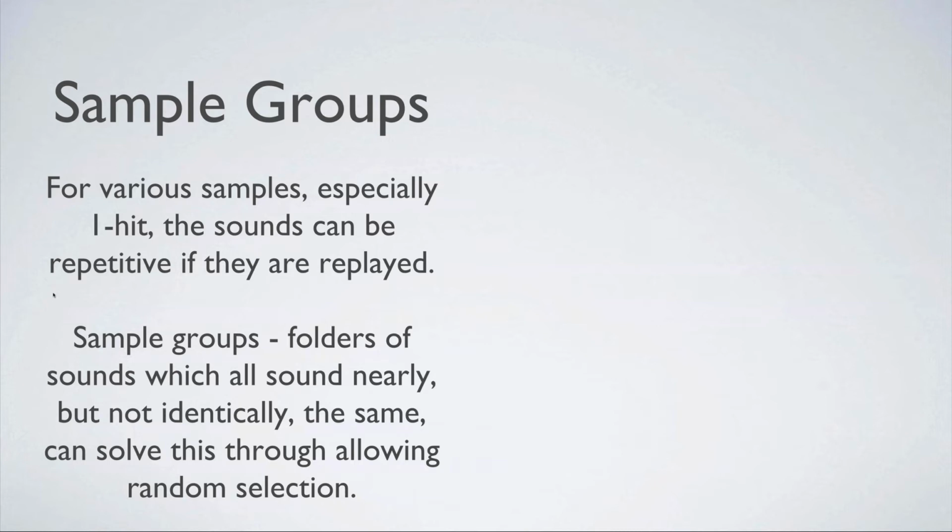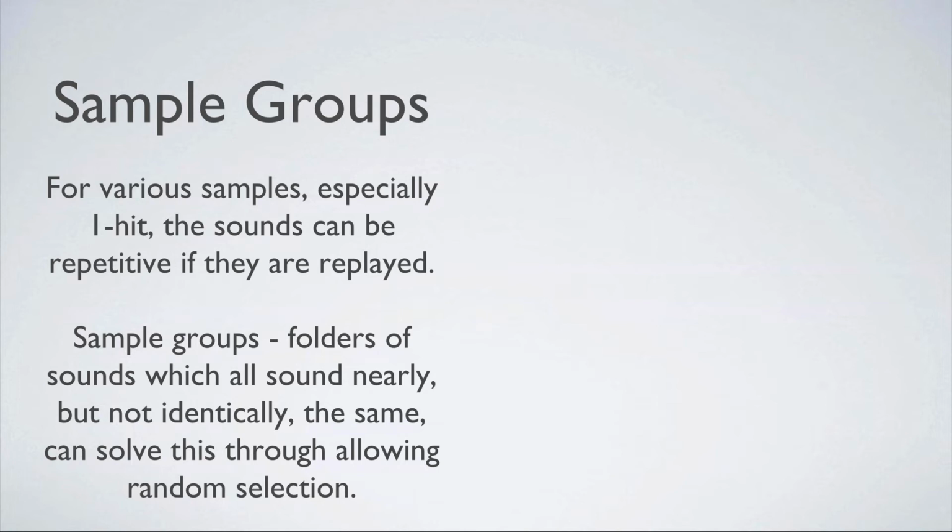So for various samples, especially for the 1-hit type of samples, sounds can be repetitive if they are replayed. Sample groups, folders of sounds which all sound nearly but not identically the same, can solve this through allowing random selection. So you have a list of lots of different sounds that are basically the same.